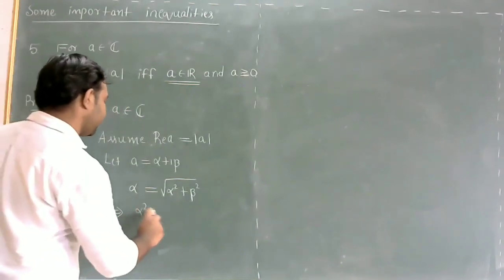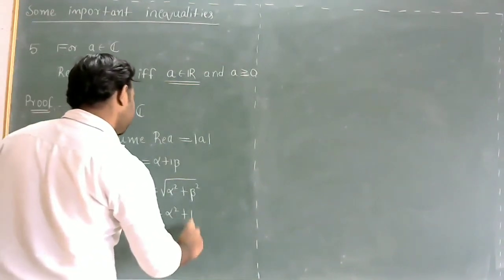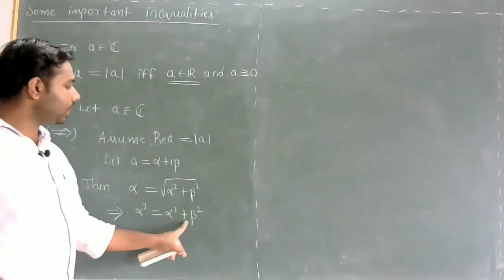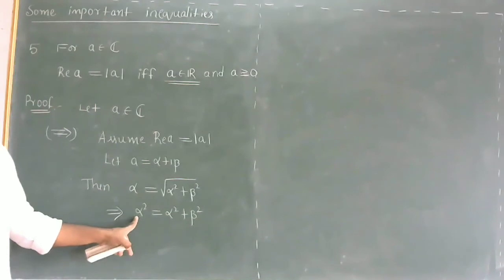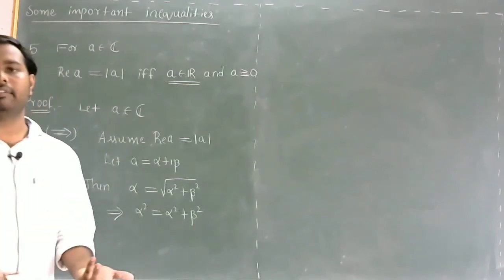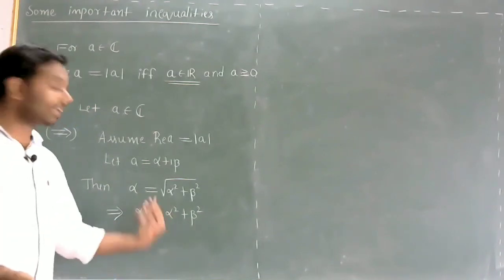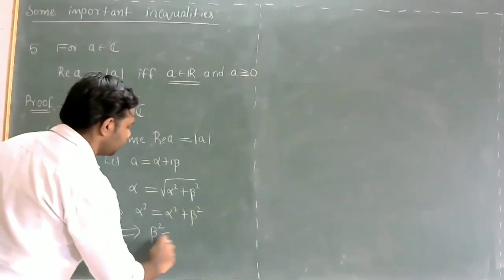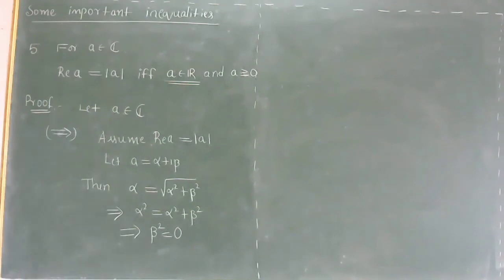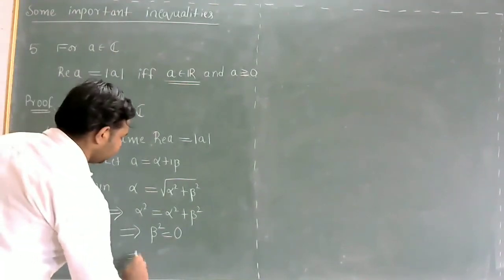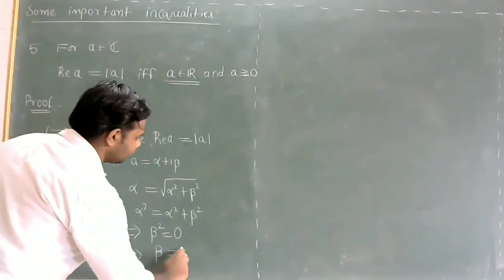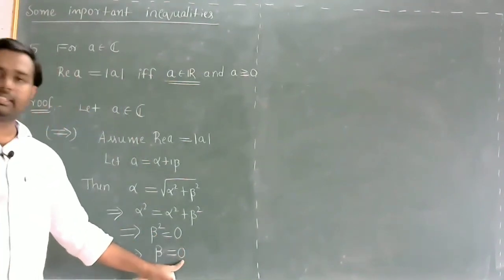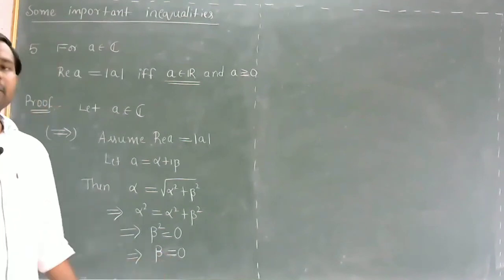So alpha square will be equal to alpha square plus beta square. So beta square will not have any effective value. That means beta square will be 0. Which implies beta is 0, because the only number whose square is 0 is 0 itself.